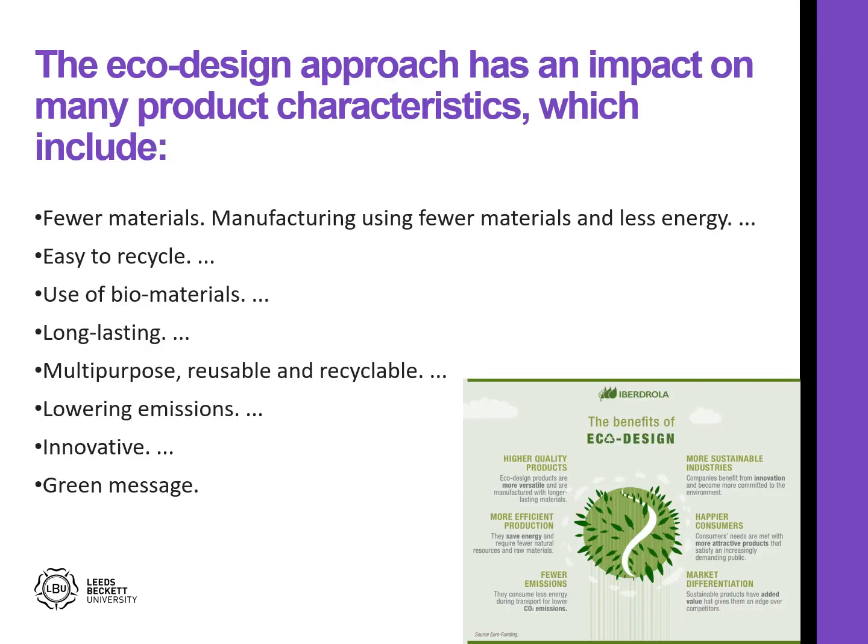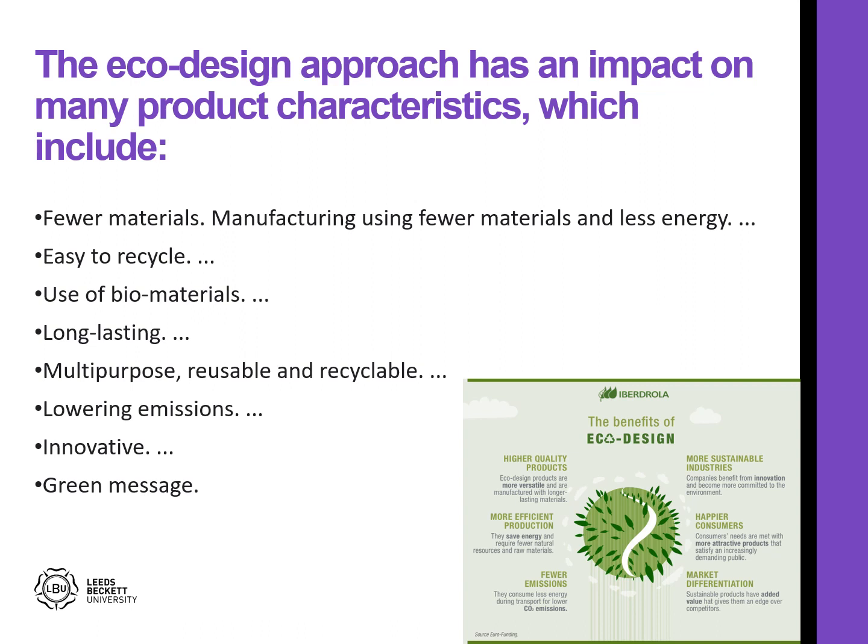So the eco-design approach has an impact on many product characteristics, which include fewer materials. If you can design things with fewer materials, what you might want to look at is design for manufacturing and assembly, which is done by Boothroyd and Dewhurst. Excellent research done in there.